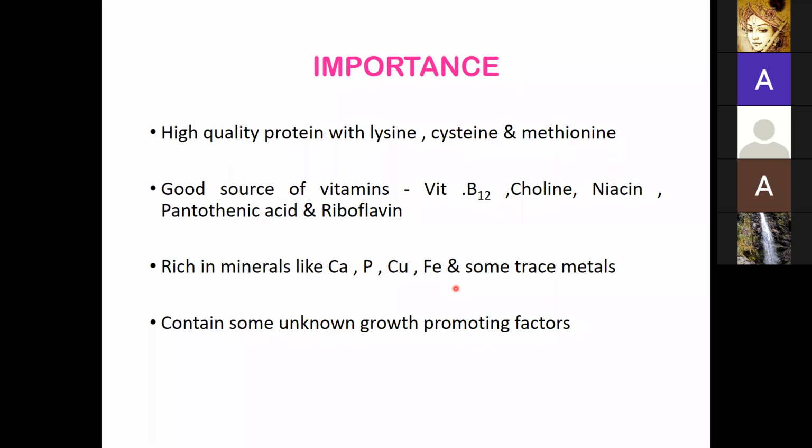The fish meal also contains some unknown growth promoting factor. This unknown growth promoting factor plays a role in promoting the growth of fishes, cattle, and poultry, if we incorporate this feed into their diet.